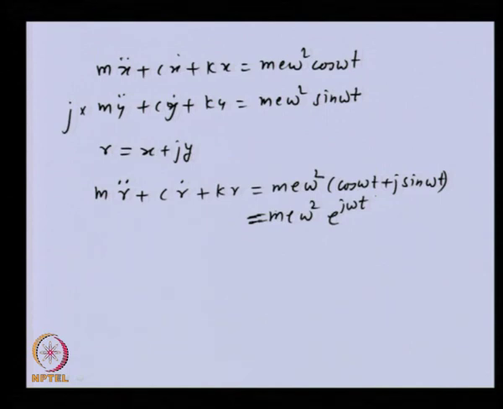Now, the response can be assumed as an amplitude with some frequency that is coming here, and the phase also. Phi is the phase and R is the complex amplitude.